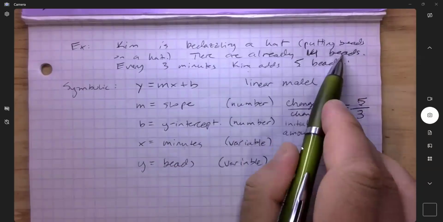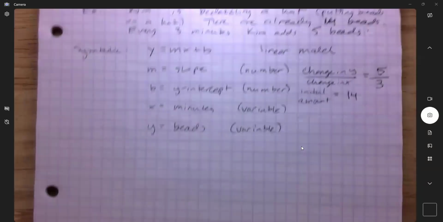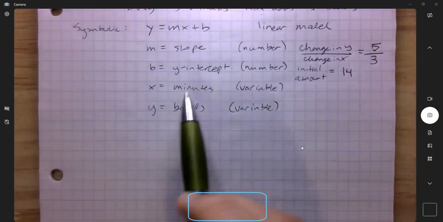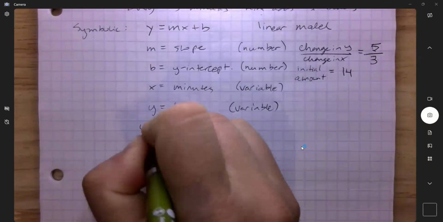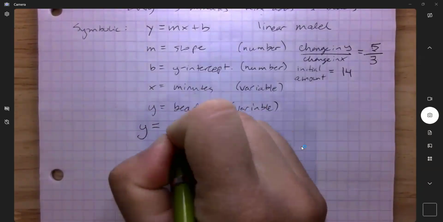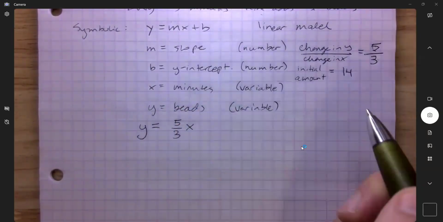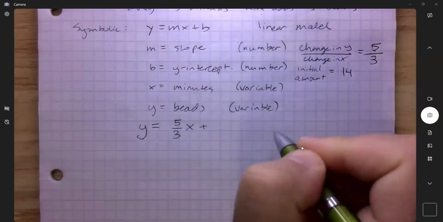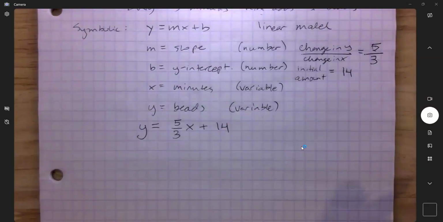There are already 14 beads. And once we have our information and our formula, we can go back and plug it in. Since y is a variable, it stays as y. Our slope is 5/3. X is a variable, it stays as x. And our y-intercept is 14.